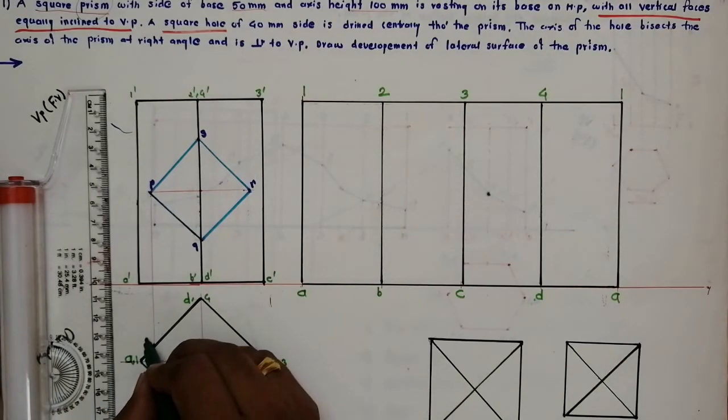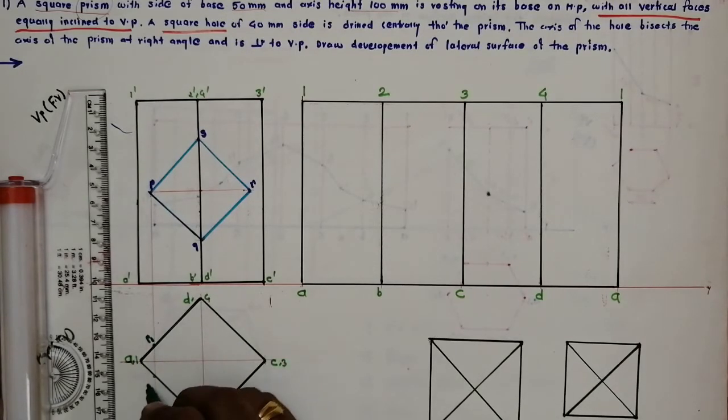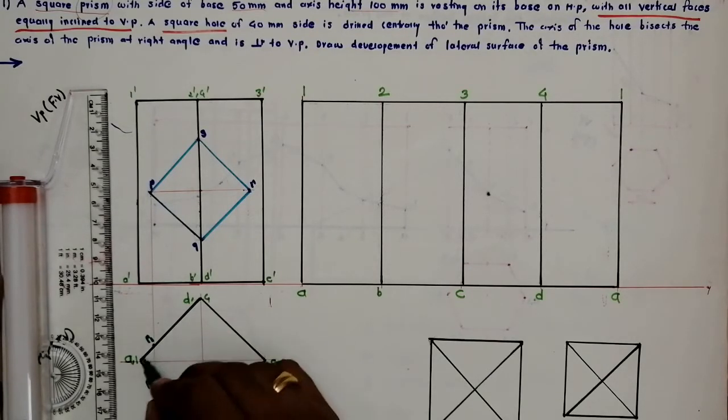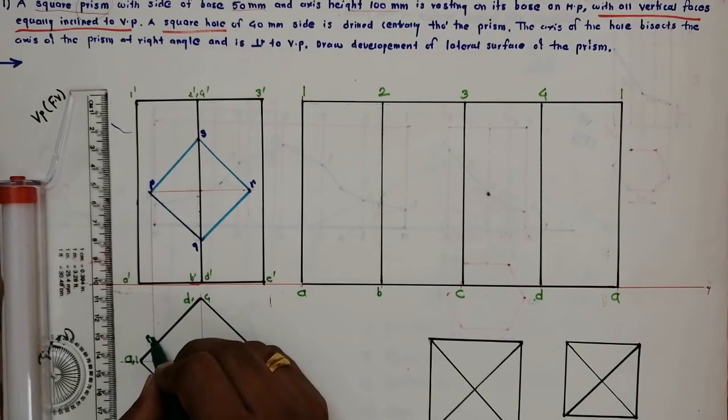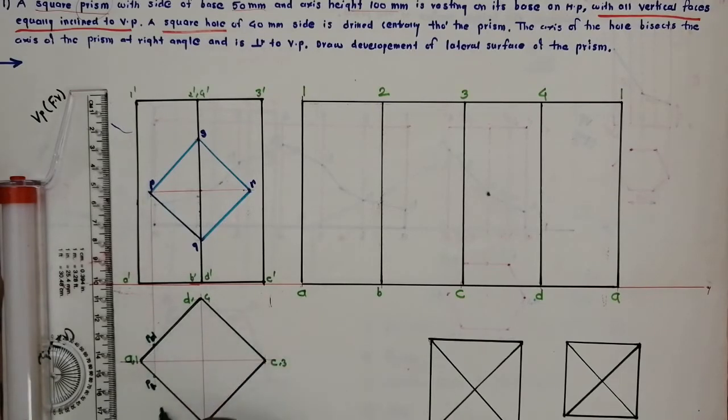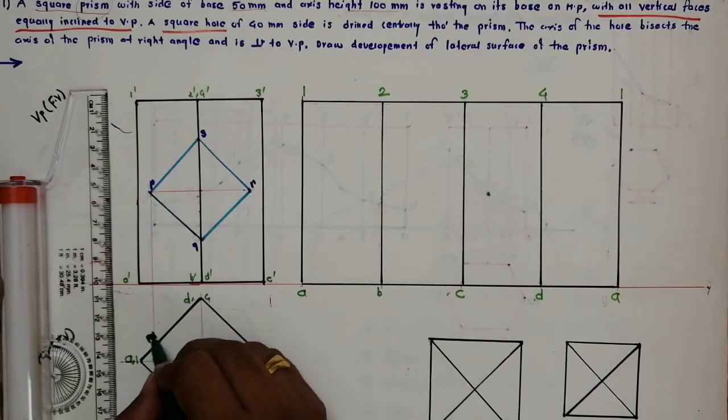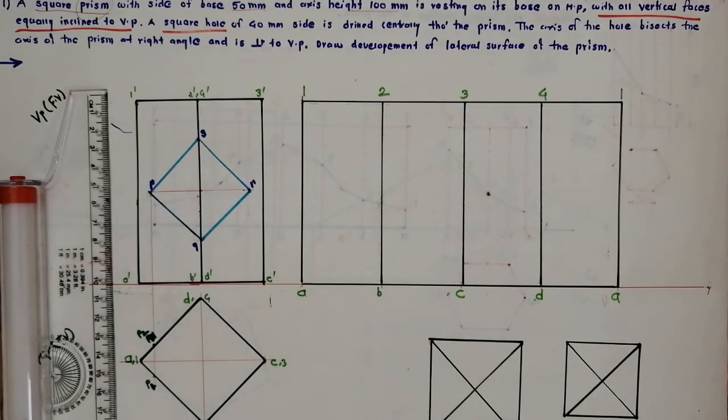Suppose this is P1 and this is P2. On AB it is P1, and on AD it is P2.